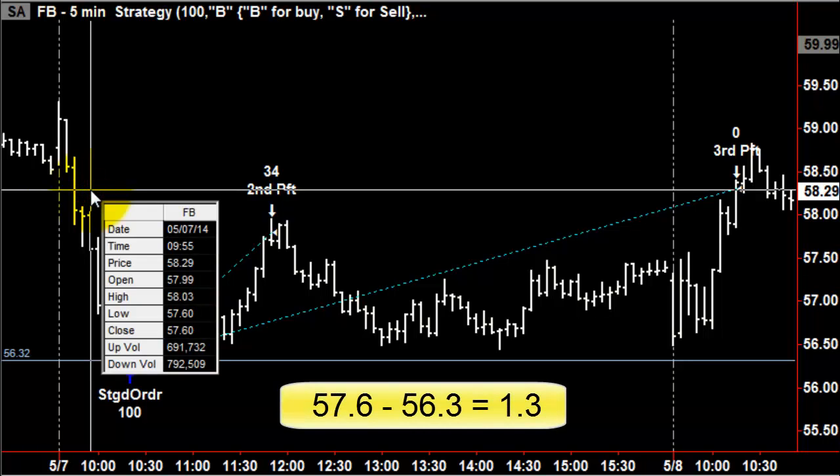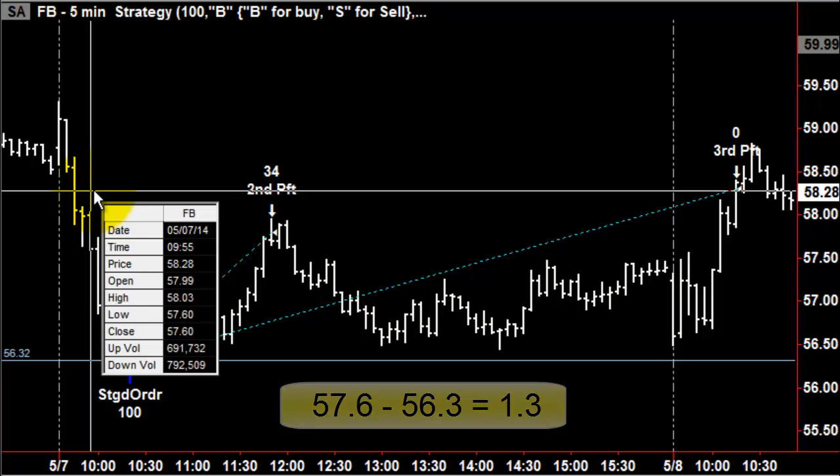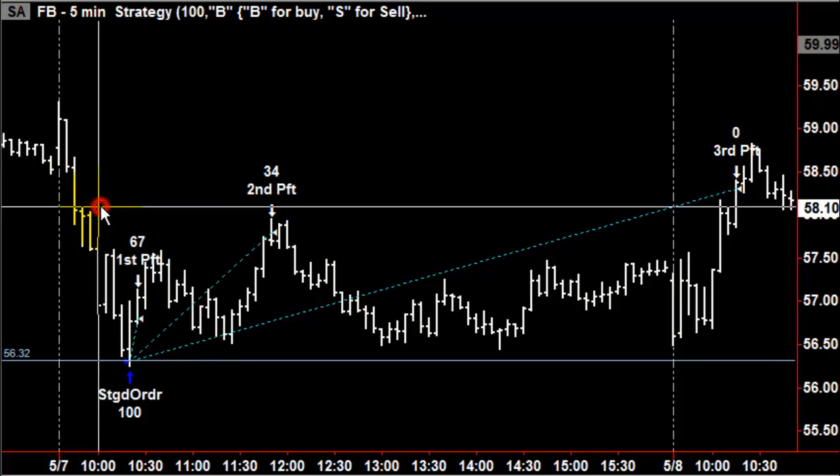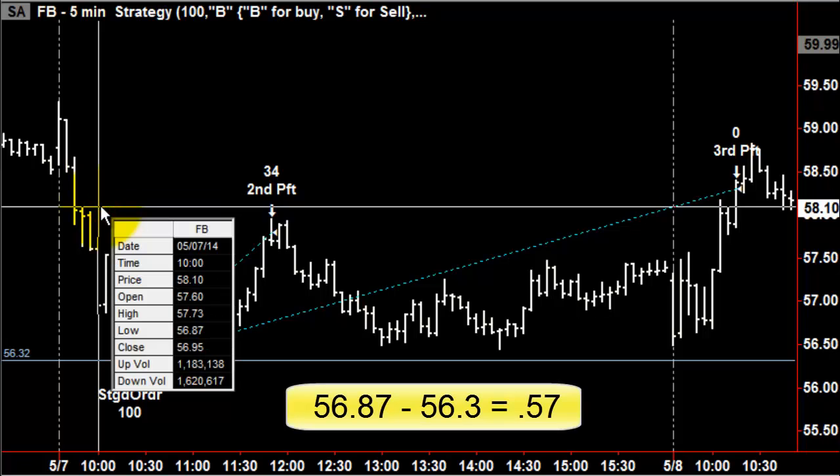The low on this bar is 57.6. So at this point, the strategy would not place the order yet because it's more than 0.5 from the entry price, which remember was 56.3. On this bar, the low is 56.87, so still too large of a distance.